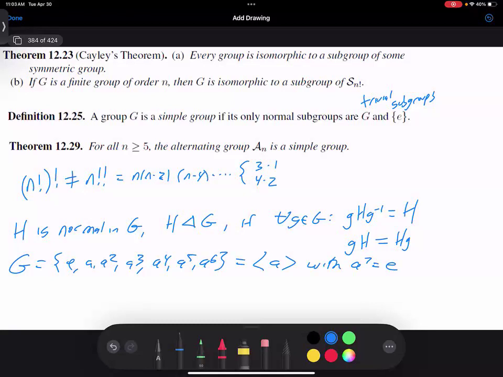So this is a cyclic group of order 7. If I want to find a normal subgroup of G, what's the first thing I should look for? Before looking for a normal subgroup, I should look for a subgroup. So what are the possible subgroups of G?